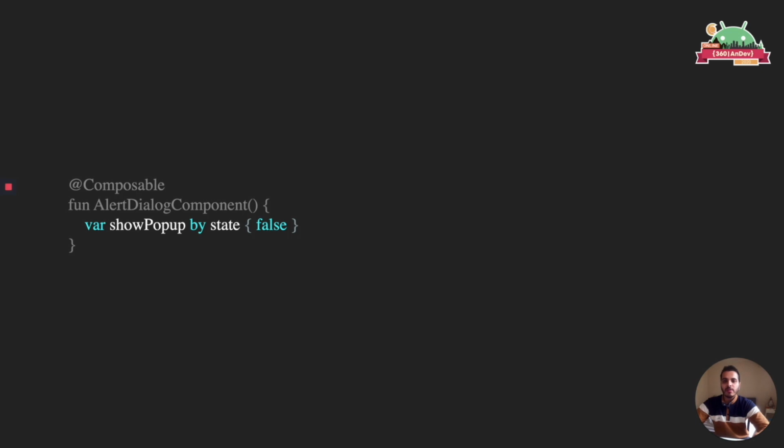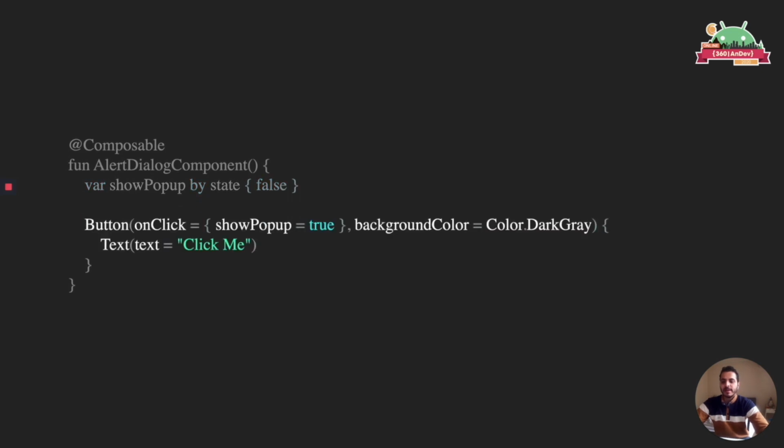The redrawing of this composable is called recomposition. It happens in a very efficient manner, and only composables that use this value are recomposed, and the rest remain as is. There are very similar concepts in other declarative UI frameworks like React, and Compose is inspired by these declarative frameworks. Let's go back to our example.